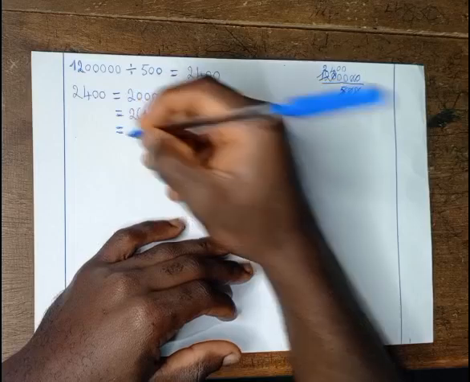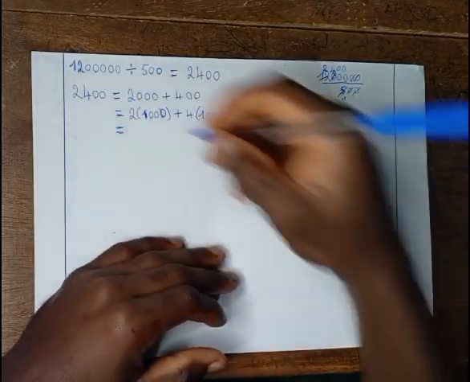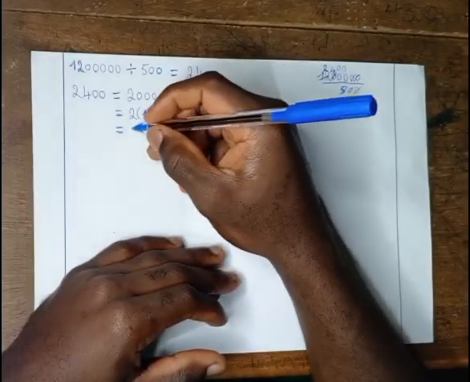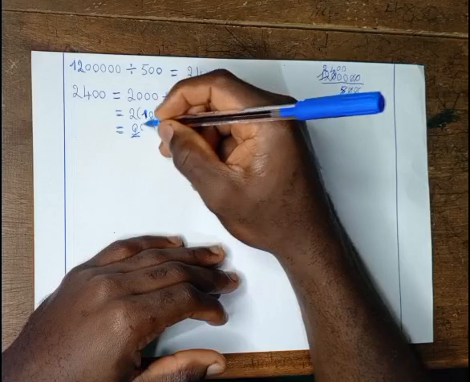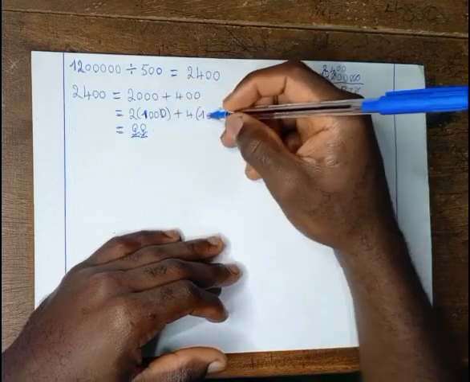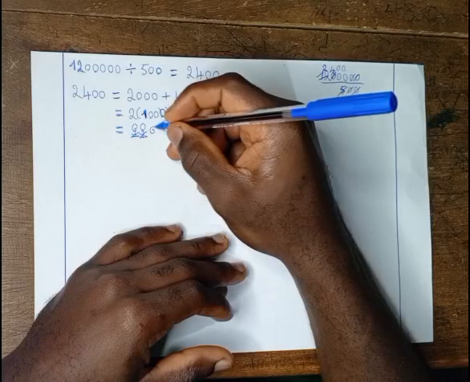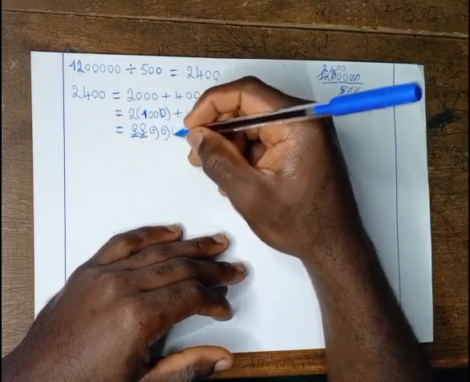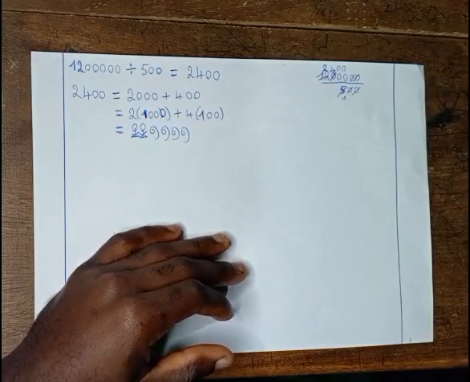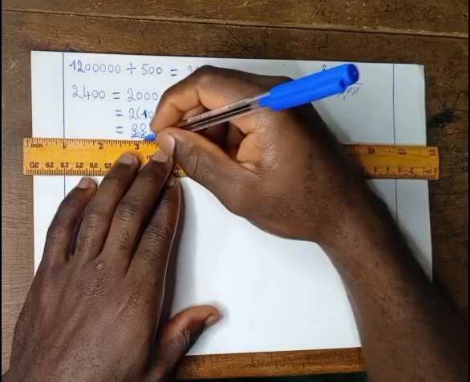We know the Egyptians represented 1,000 by using a lotus flower, so we have 2 lotus flowers for 2,000. They represented 100 by using a spiral, so we have 4 spirals for 400. So this is our result.